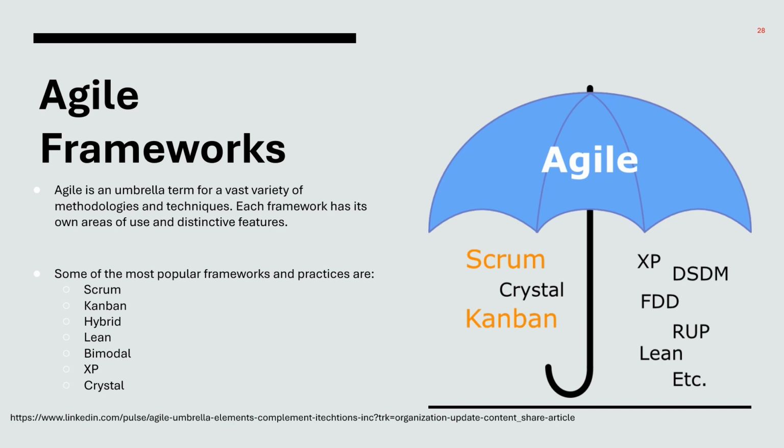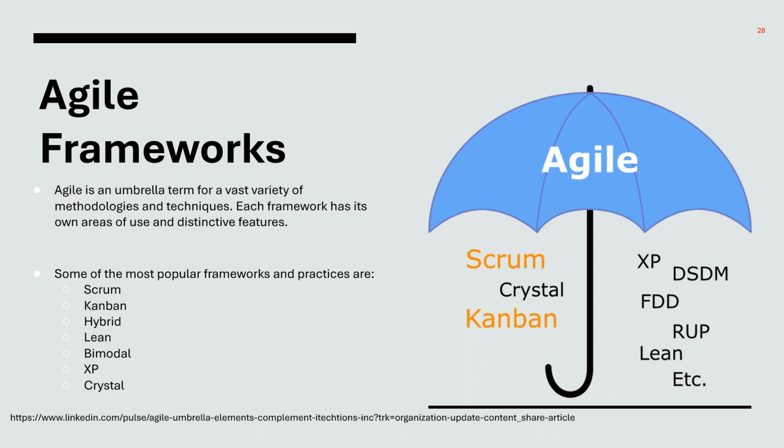There are two types of models in bimodal, which are traditional and agile. And next, moving to XP. XP is extreme programming, which focuses on technical software development, namely quality. 9% of companies use the XP framework.